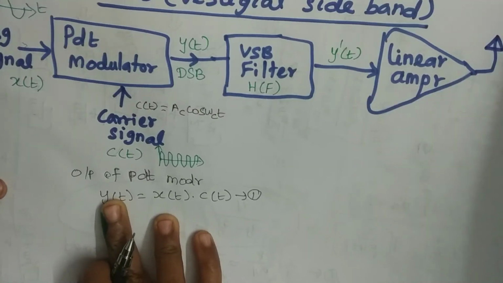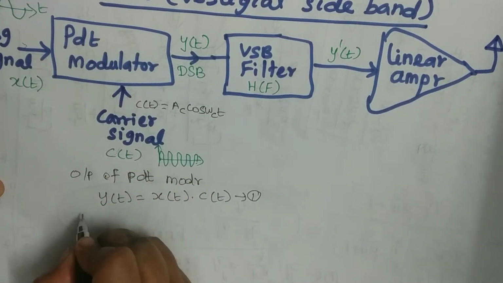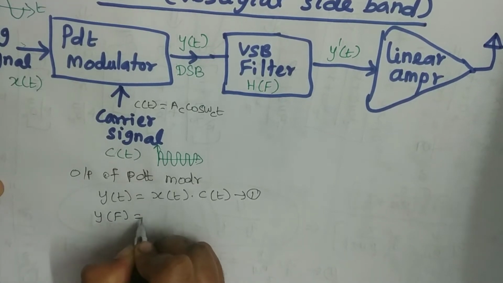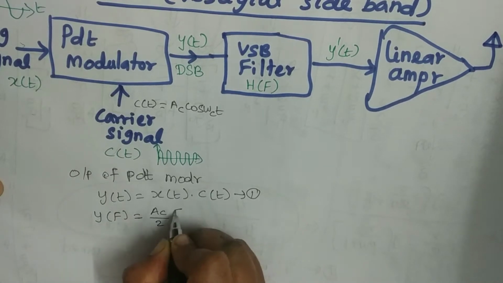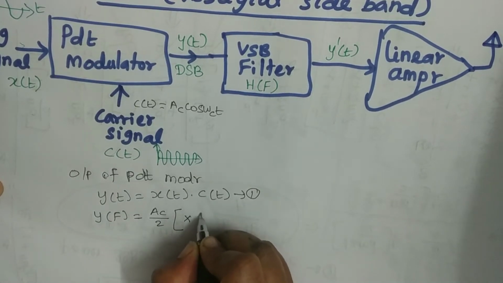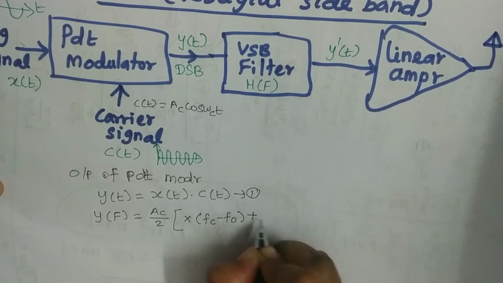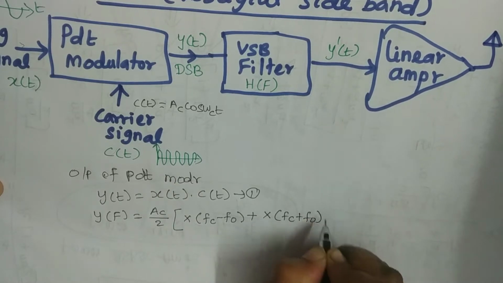Now I write the output of the product modulator in terms of frequency. It is nothing but Y of f is equal to A C by 2 into X of f c minus f naught plus X of f c plus f naught.